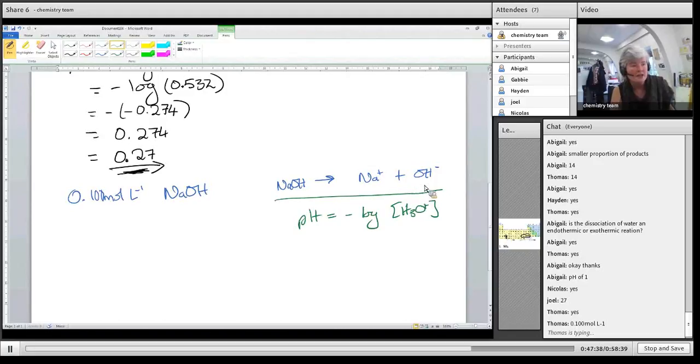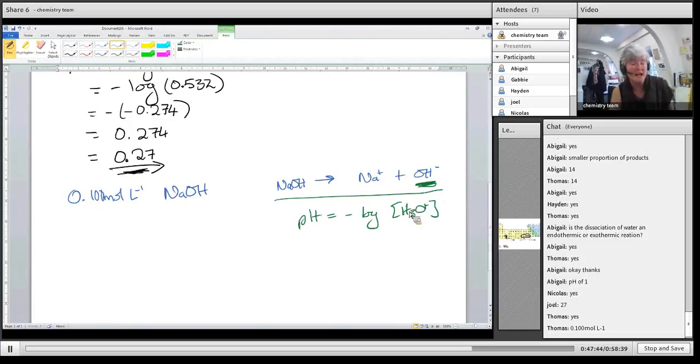The only thing I do have is the OH, and we know that OH and H3O plus are related. So if I work out the pOH, I can work out the pH. So in other words, what you're going to do here now is not work out the pH, you're going to work out the pOH. So the pOH would be the negative log of, what do you think?